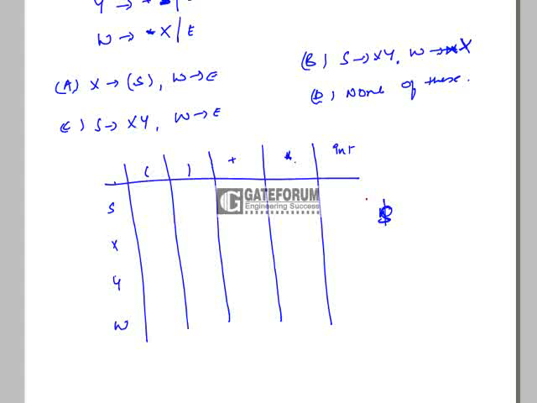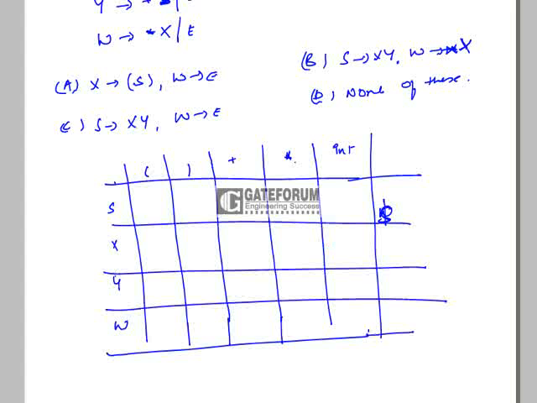So these are the non-terminals and terminals present in the grammar. Here we have to find the entries in row S and column left parenthesis, and in row W and column dollar. So that means this entry and this entry we have to find.